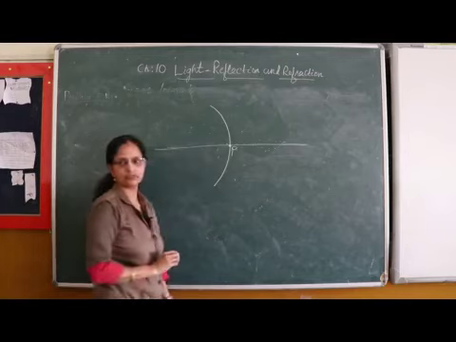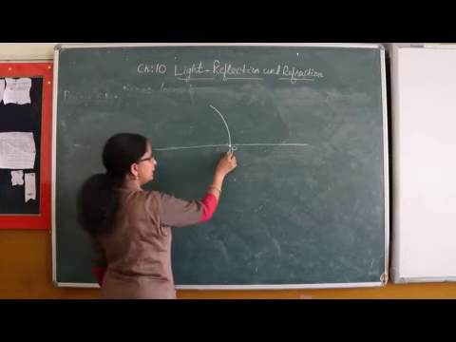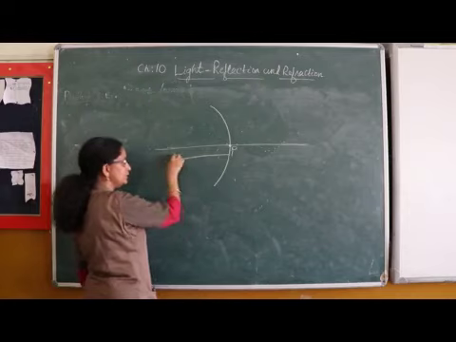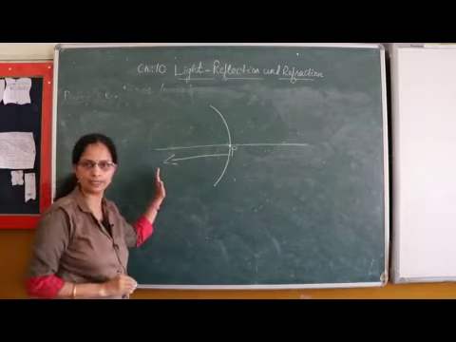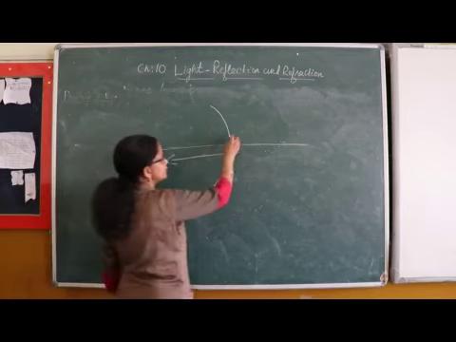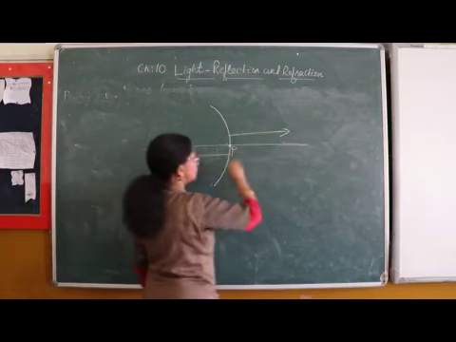Whatever distances we measure from the pole to the left side are measured as negative, and the distances to the right side are all measured as positive.